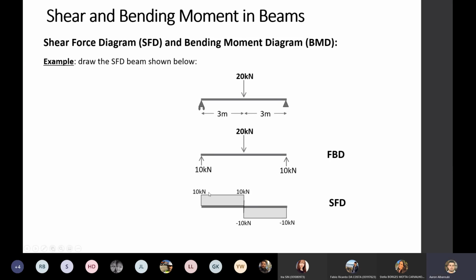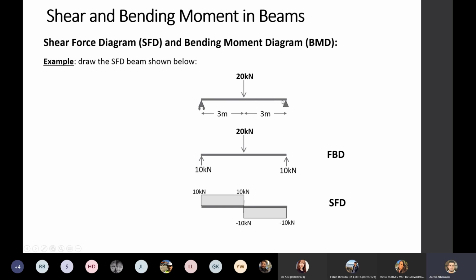Okay, so in theory, that's our product. Using those very basic rules, we draw a shear force diagram for the entire beam. And look how easy that is. I don't need to take a cut at any point here. If I ask you at any point of this beam, you can easily tell me, Aaron, at any point between A and B, the shear value there is positive 10 kilonewton.